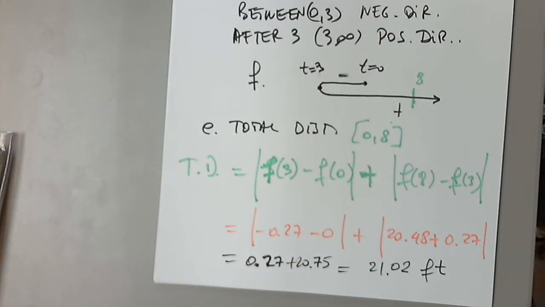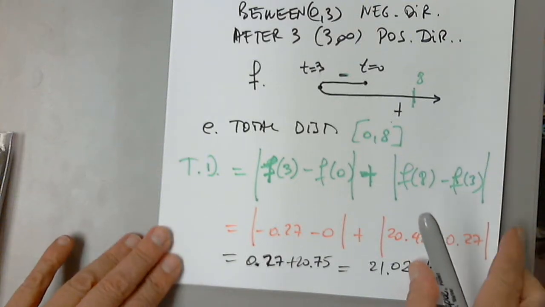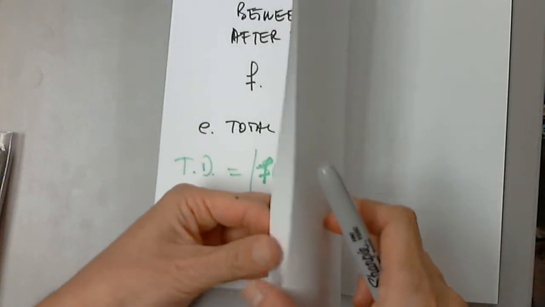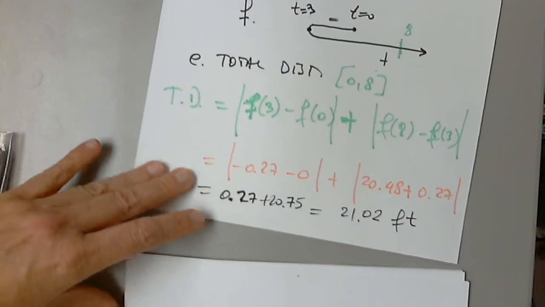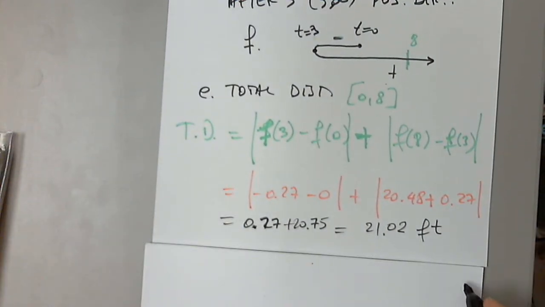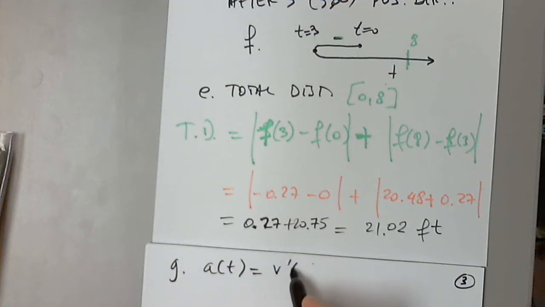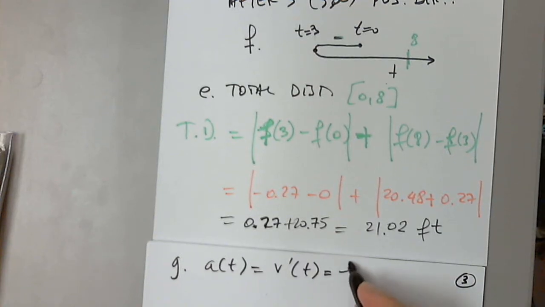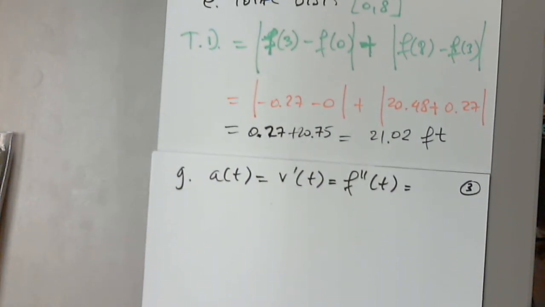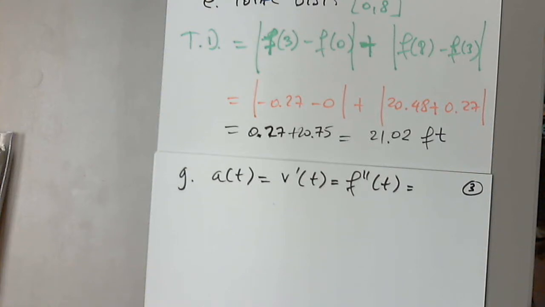Any questions? Next one, draw the diagram we already did. Find the acceleration at time t and after 3 seconds. So that's g. The acceleration is the first derivative of the velocity or the second derivative of the distance or motion law that we have.